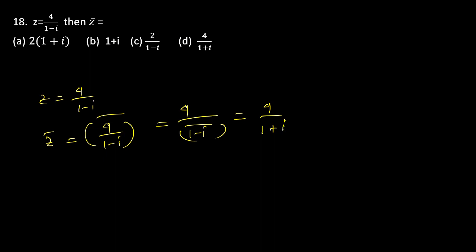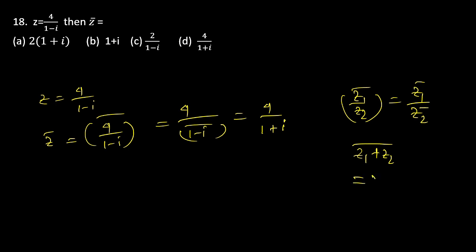Since the conjugate of Z1 by Z2 is Z1 bar by Z2 bar, and the conjugate of Z1 plus Z2 is Z1 bar plus Z2 bar, here the conjugate of 1 is 1 and the conjugate of i is minus i.